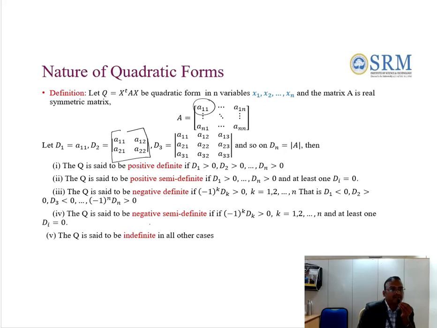If d1 is negative, d2 positive, d3 0, d4 positive, and so on, then it is negative semi-definite. That means all the (minus 1) power k into dk are non-negative, and at least one di is 0. In this case, it is negative semi-definite. If none of the four above is satisfied, then the quadratic form is indefinite.